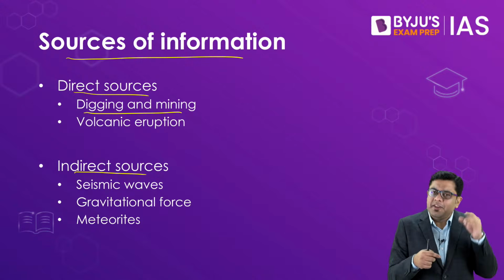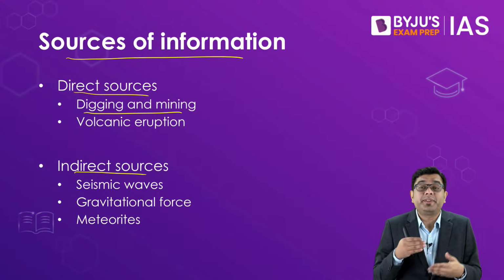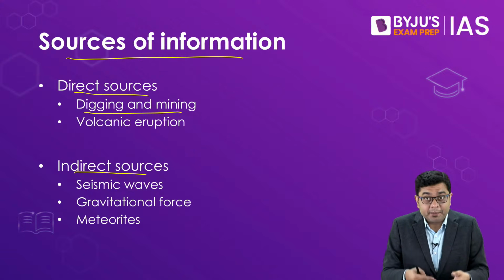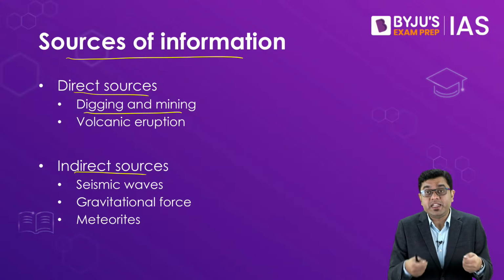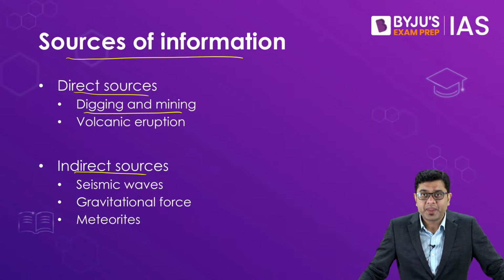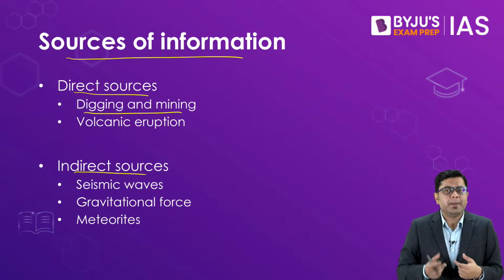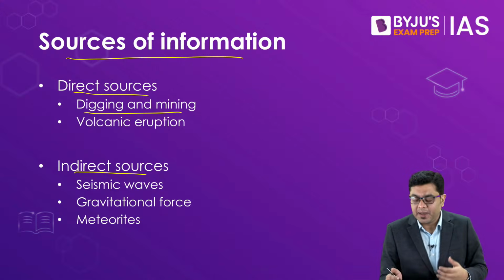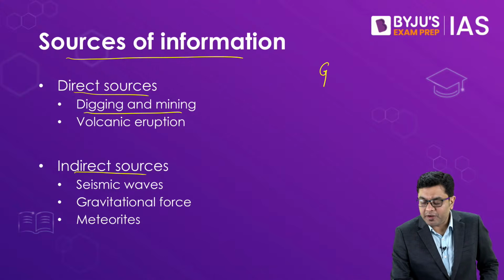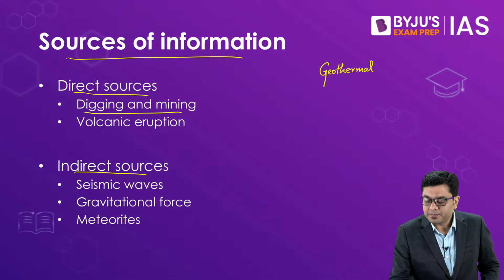But nonetheless, even that amount of depth helps us understand the rise in temperature as we start going deeper within the Earth's crust. That property of rise in temperature as we go deeper is what we refer to as geothermal gradient.